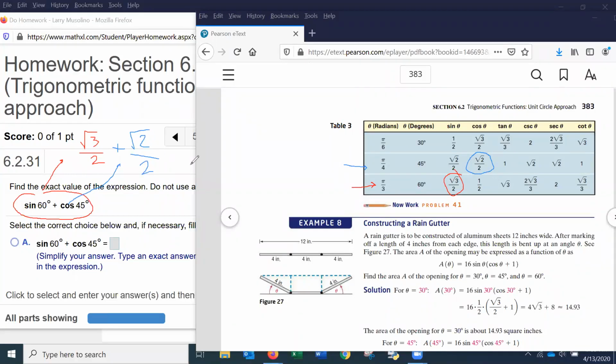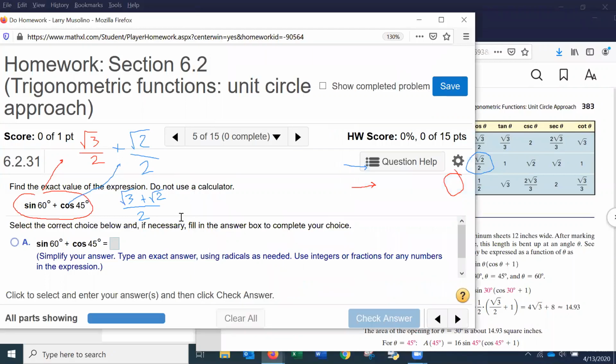Now, the only other thing I'll do here is simplify this because I have the same denominator. So let me go ahead and add the fractions. I'm going to keep the same denominator of 2 and add the numerators. So this is going to be the square root of 3 plus the square root of 2 all over 2. Okay, and remember, we want to leave our answer as square roots here. Don't work this out on your calculator to get a decimal answer because that's not what MyMathLab wants.